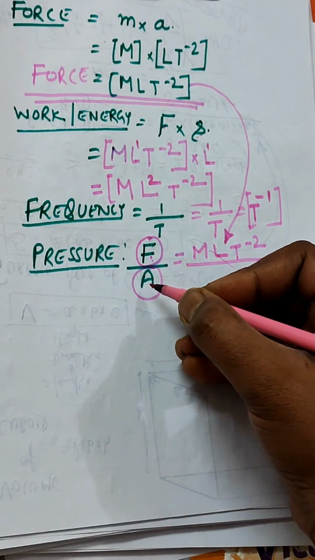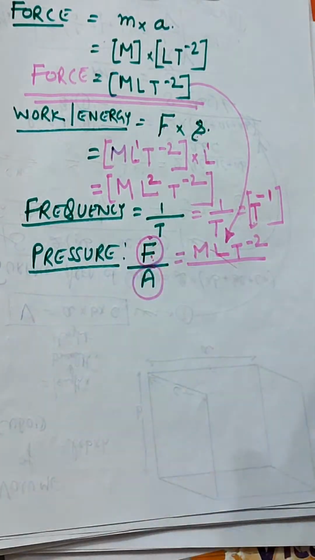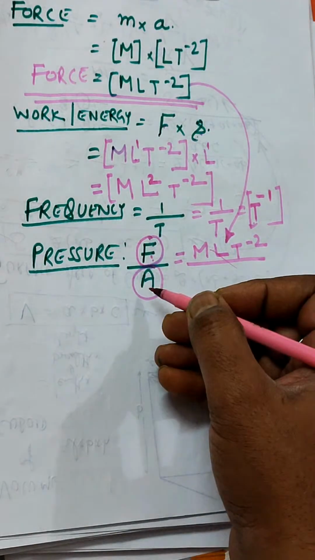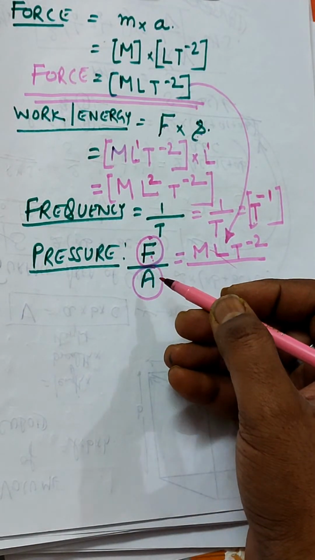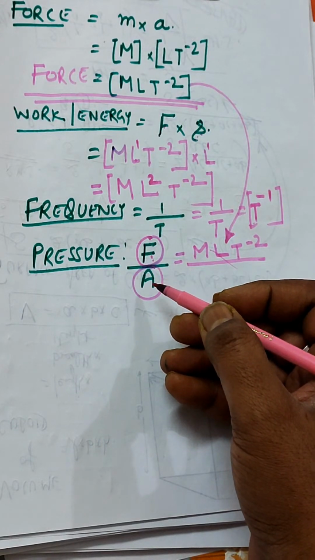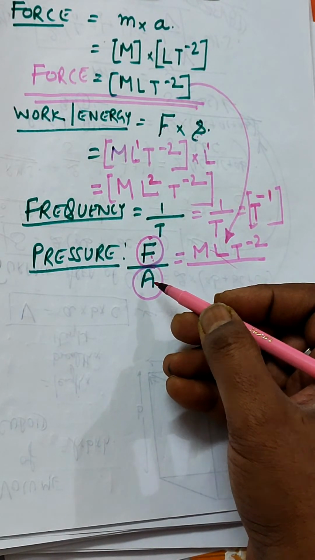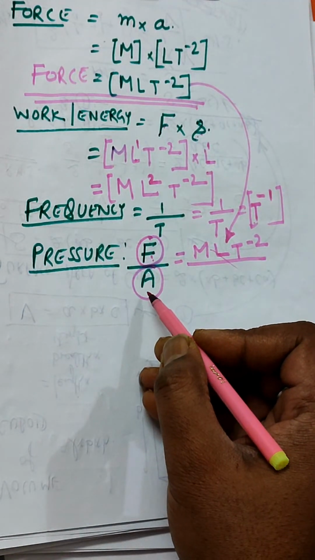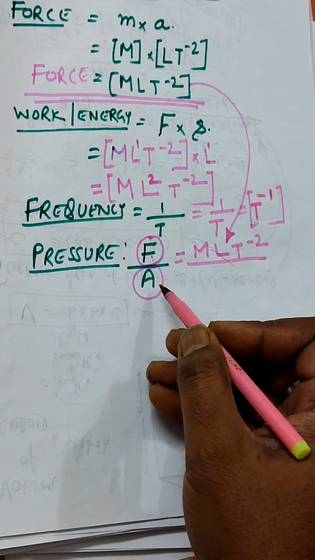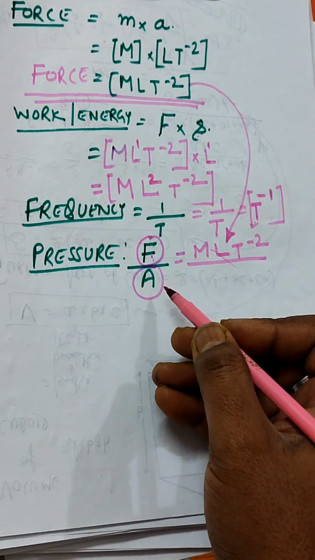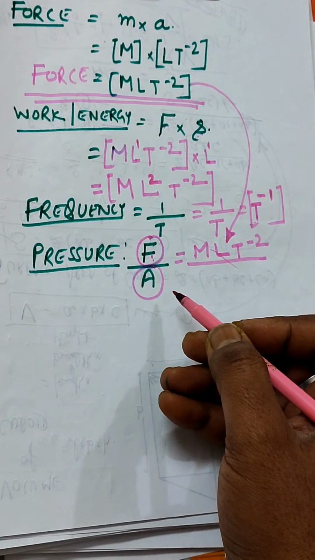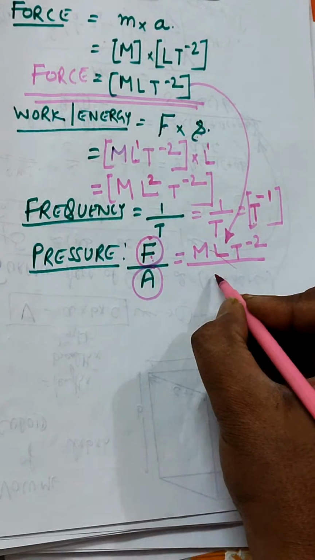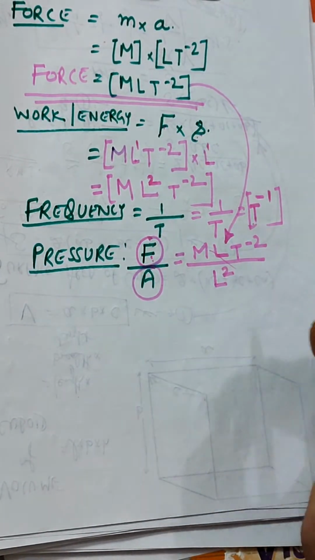For area, remember any two dimensional object having an area, whether a square, circle, rectangle, or whatever. If you are confused, you can just remember the units for that physical quantity. For area, you remember the unit as meter square, centimeter square, decimeter square, decameter square, or kilometer square. So this is length into length, L two times.